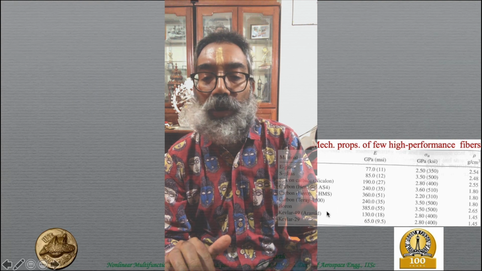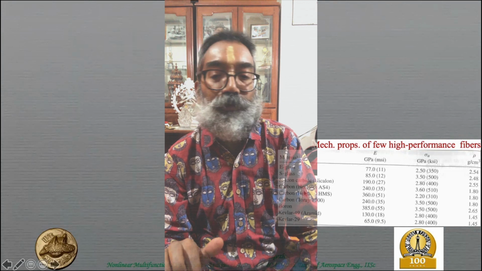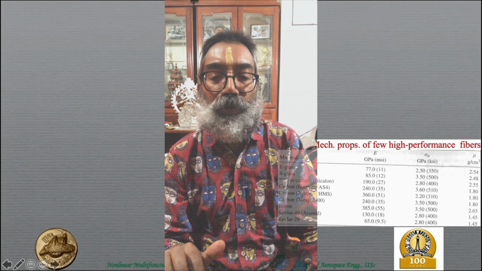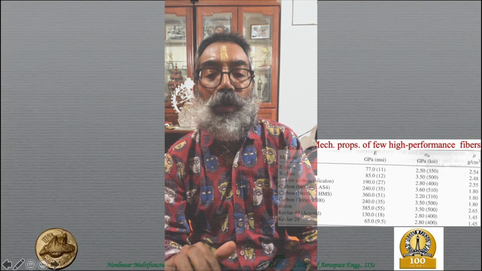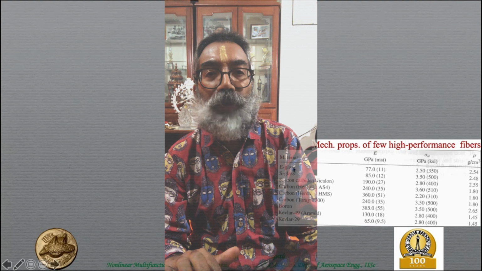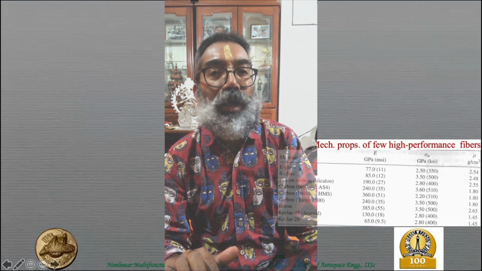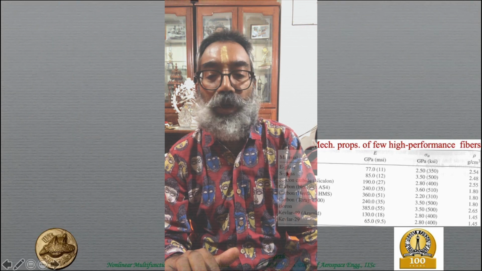So we will see the reason for some of those things in today's class itself. Apart from this category of carbon fibers, which are at the highest level of performance predominantly, the other very commonly used one is the glass fiber. And again, within that you can have many different varieties, again depending upon the manufacturer, manufacturing process, etc.